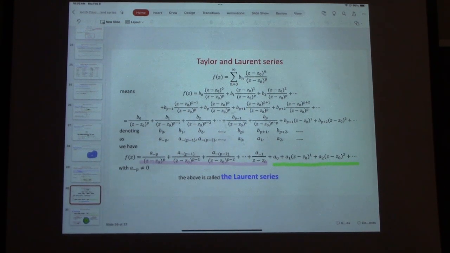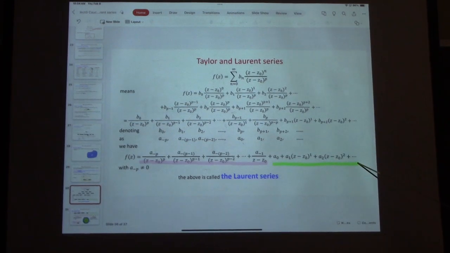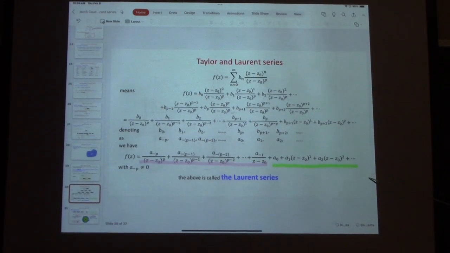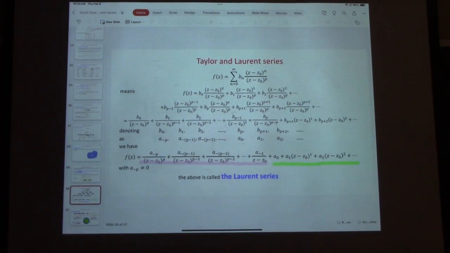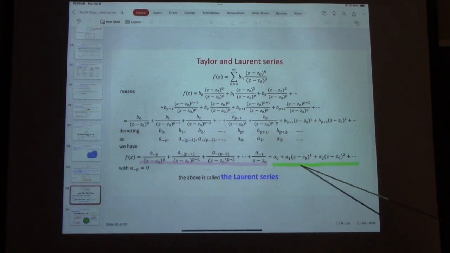And you compare this with the Taylor series, you see some extra terms there, which are those pink underlined terms. This is new. The green terms are very similar to just the Taylor series. Okay? So you have this pink term and this term.